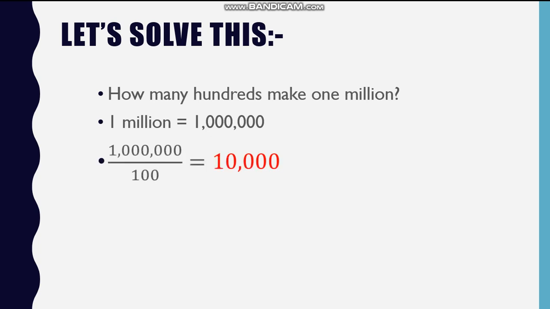We have to find out how many hundreds make 1 million. So 1 million divided by 100 will make 10,000. What does that mean? It means 10,000 hundreds make 1 million.